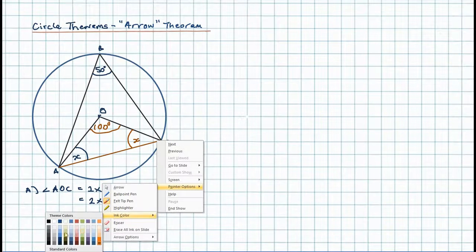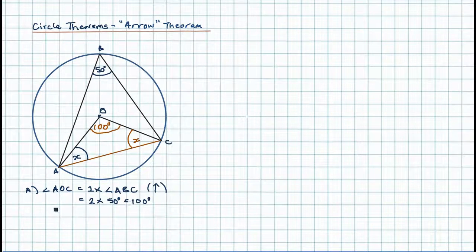So 2x plus 100 degrees, it's got to add up to 180 degrees. And that's the sum of angles in a triangle. And I'm just going to keep that very brief.